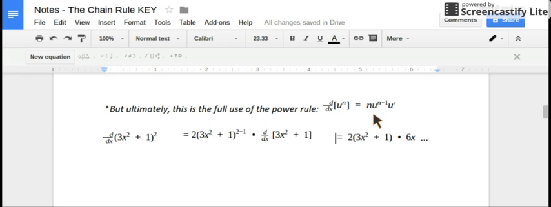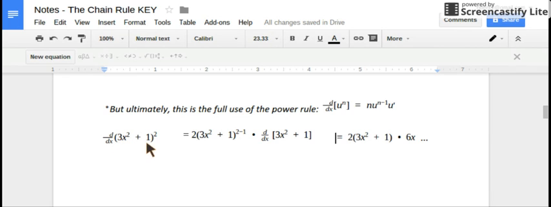And the power rule in its full form says that you're going to take the exponent and move it to the front, subtract 1 from the exponent, and then multiply by the derivative of what that root was to begin with. We've never needed to use it in its full form, but this is it. And so if we apply that to this function, then we don't have to memorize a different rule or a different name. It's just the power rule.